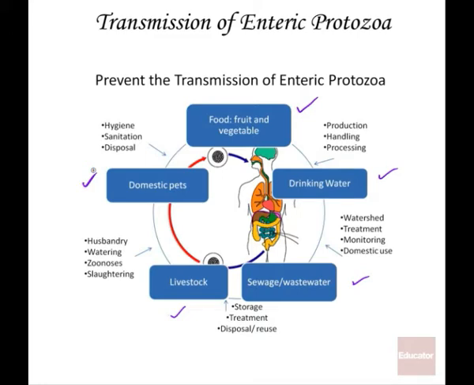And then how do we take care of our animals? How do we slaughter them? How do we give them water? Are there insects that can transmit disease, for instance, from our livestock to the human host?